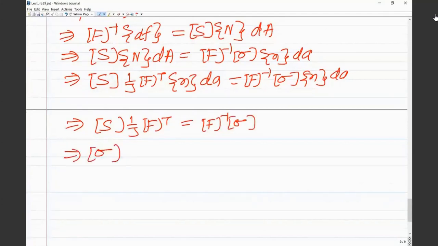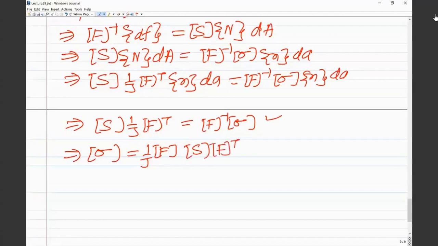Now if you pre-multiply by F in this equation, you can write sigma is equal to 1 upon J F into S into F transpose.